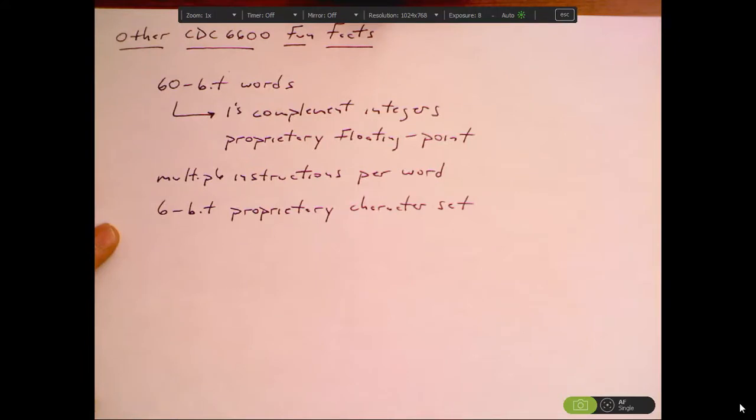So it had, like the IAS machine, multiple instructions packed per word. I didn't talk about this, but this complicates the program counter, of course, because not only are you going from address to address, but you're going from offset to offset within an address, because there are multiple instructions per word.